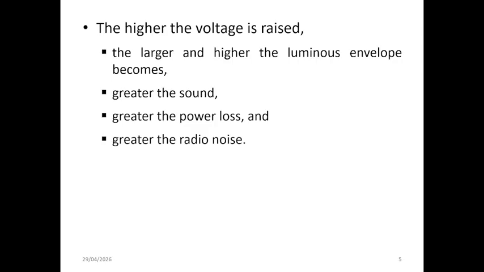At the same time, the hissing sound produced by ionization becomes louder due to stronger electrical discharges in the surrounding air. The amount of power losses also increases because more energy is wasted in ionizing the air instead of being transmitted efficiently through the line.